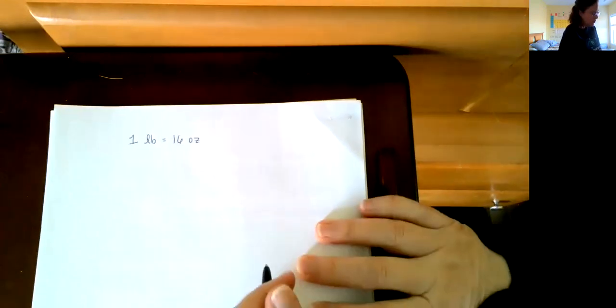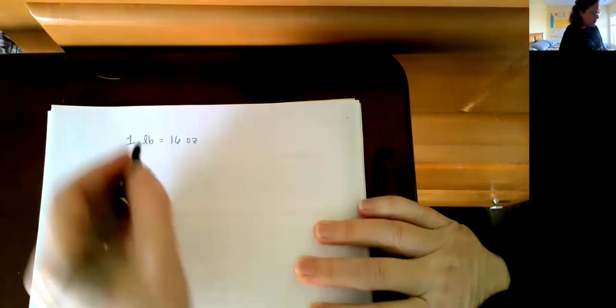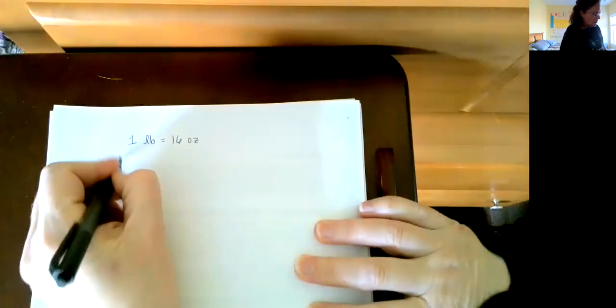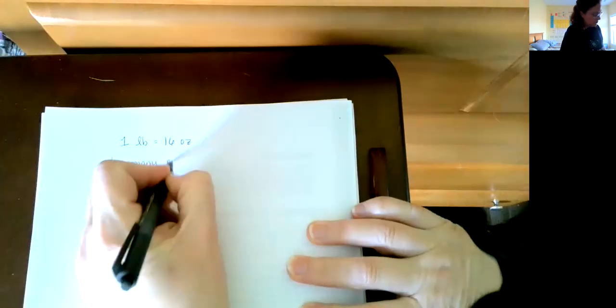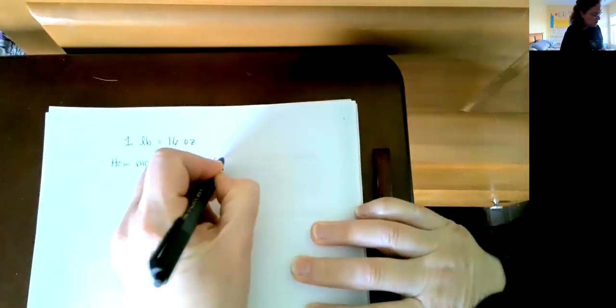Let's try this. 1 pound equals 16 ounces. Then, let's say I want to know how many ounces are in 3.30 pounds.